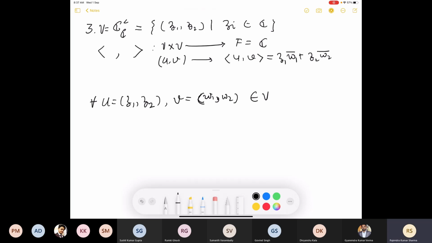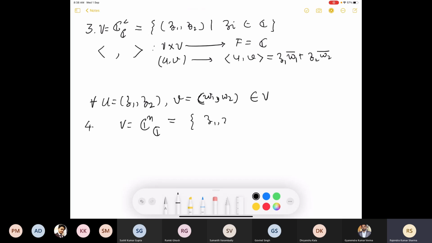Now this can be extended to your Cn over C. So Cn over C, if you take as V, this will have n-tuples here.